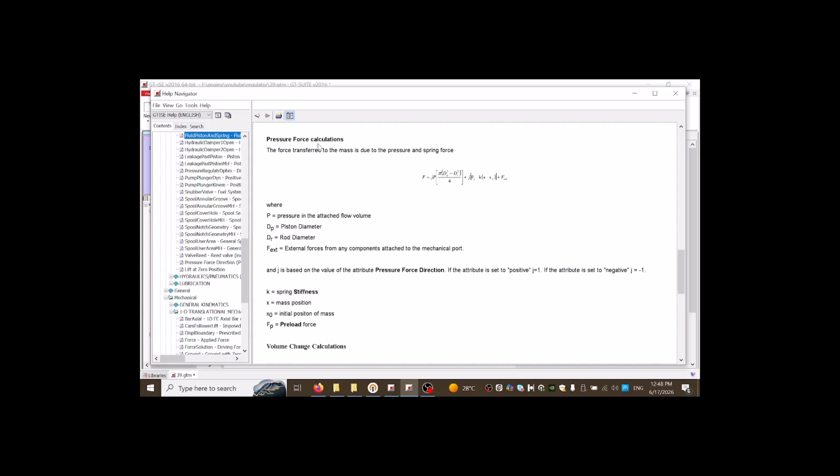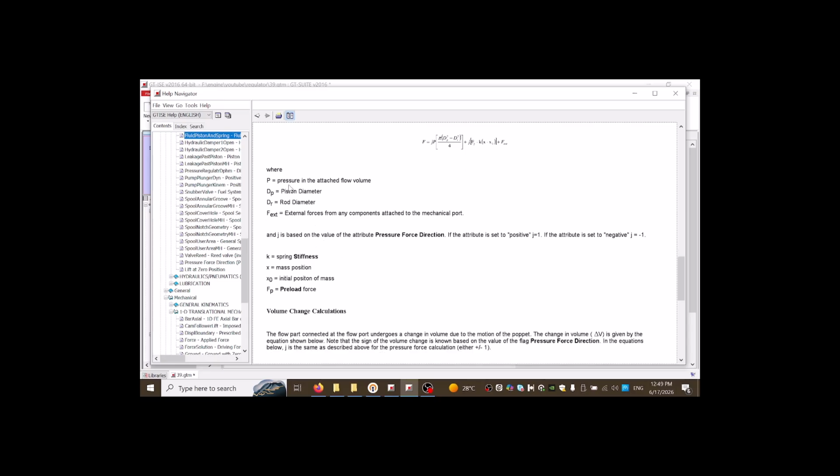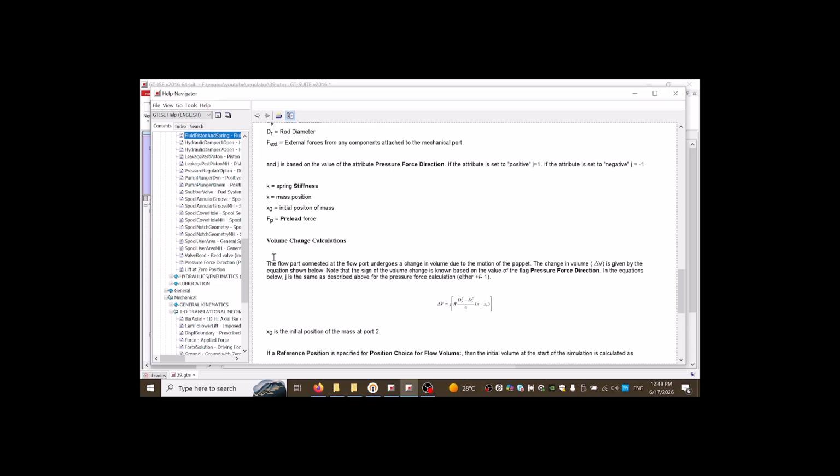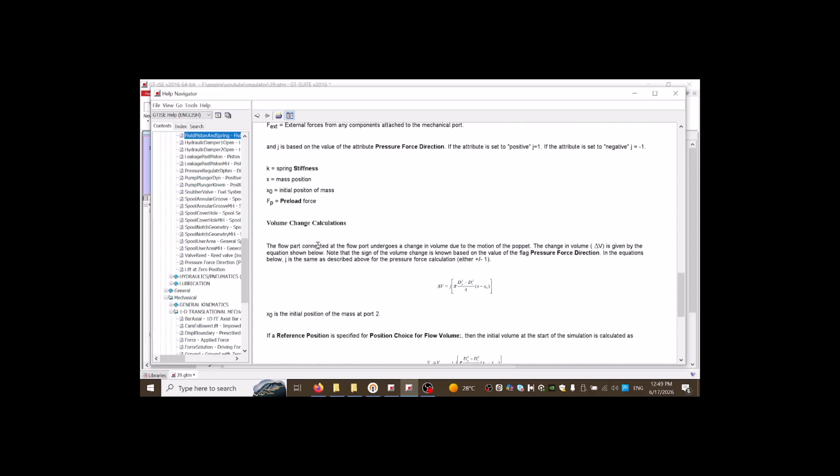And how is the pressure force calculated? By this equation, the force transferred to the mass is due to the pressure and the spring force, where P is the pressure in the attached flow volume, piston diameter and rod diameter, and external forces from any components attached to the mechanical part, mass position, spring stiffness, and preload force.